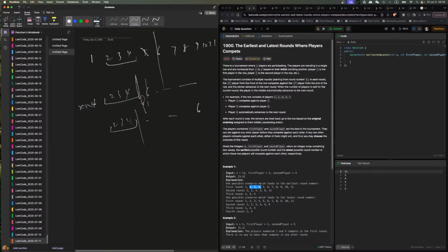We'll have some fluff here. Well, hold on, I think it depends. What if it's even or odd? So 11, 12 — 12 will be 6, 13 will be 7.